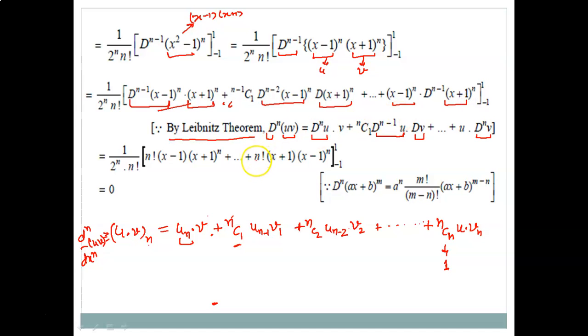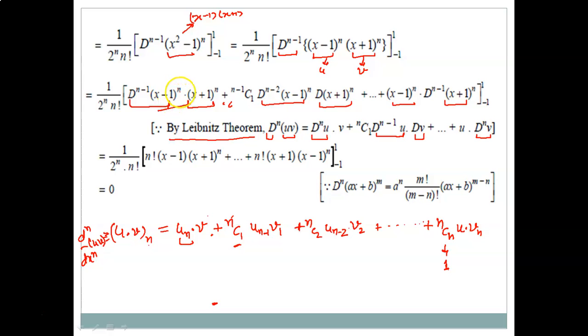Okay, on simplification using this formula, from here the first term will become, when you take the derivative of this term n minus 1 times, in fact you take the first derivative, you will get n into x minus 1 raised to power n minus 1. When you take the second derivative, it becomes n into n minus 1.